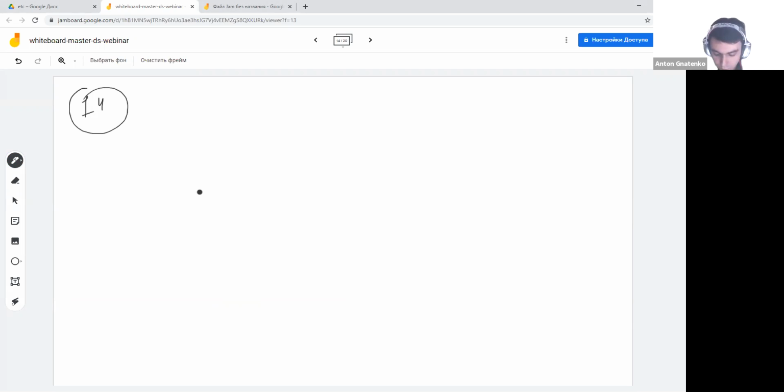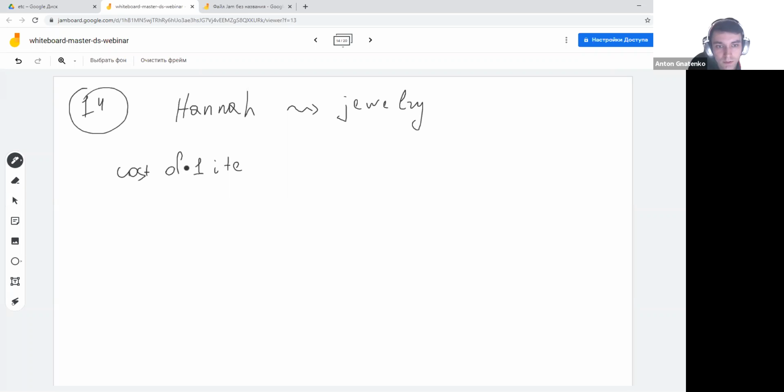Hannah produces jewelry. The cost of producing one item is $10, while the price for which she sells them is unknown.